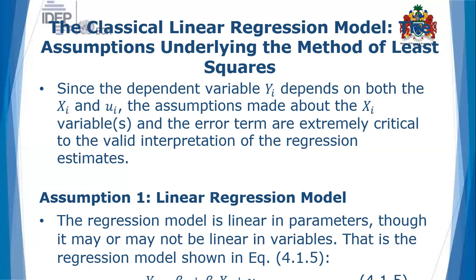So what are these parameters? Beta 1 and beta 2, these are the parameters. They have to be linear, though the variables, that is the x_i's, may not be linear.